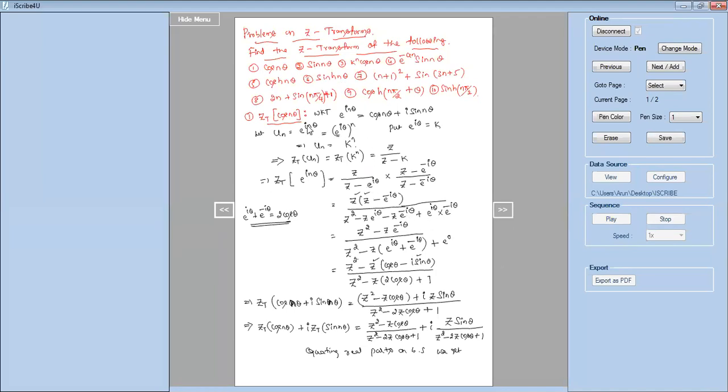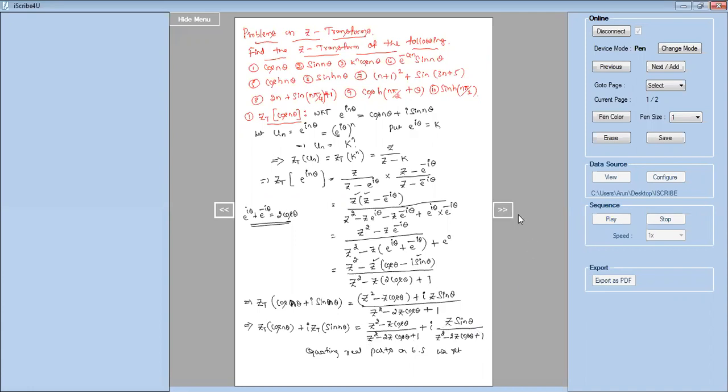If you derive one, the z transformation of cos n theta, the other one, sin n theta, becomes easy. You have to repeat the entire steps, and you have to change only the last line. Instead of equating real parts, I equate the imaginary part, I mean coefficients of i. The coefficient of i here is the z transform of sin n theta, and the coefficient of i here is z sin theta by z square minus 2z cos theta plus 1.